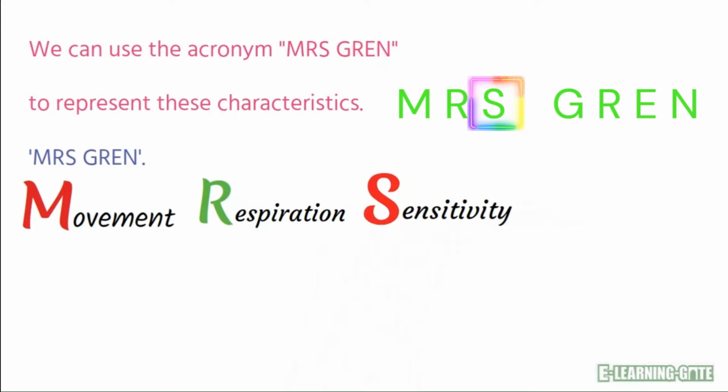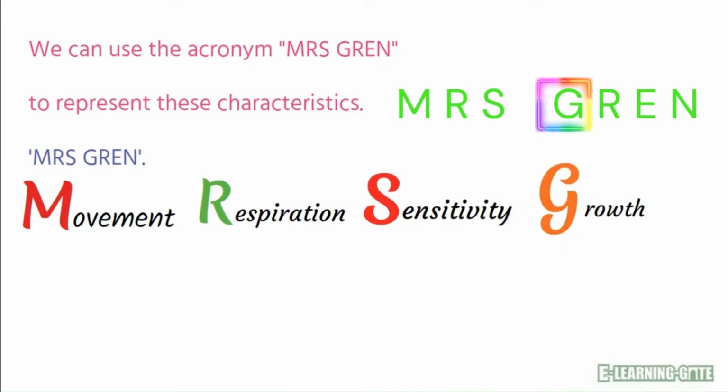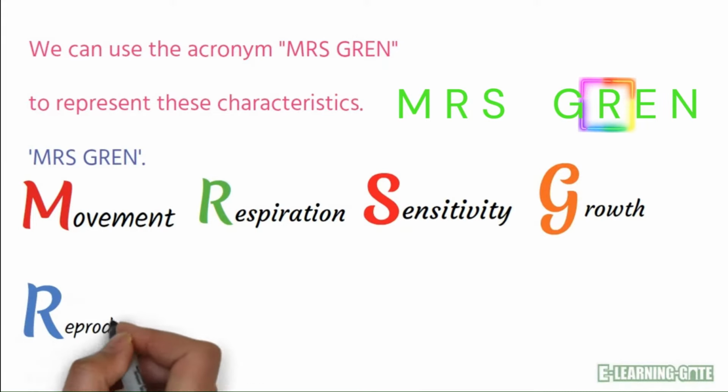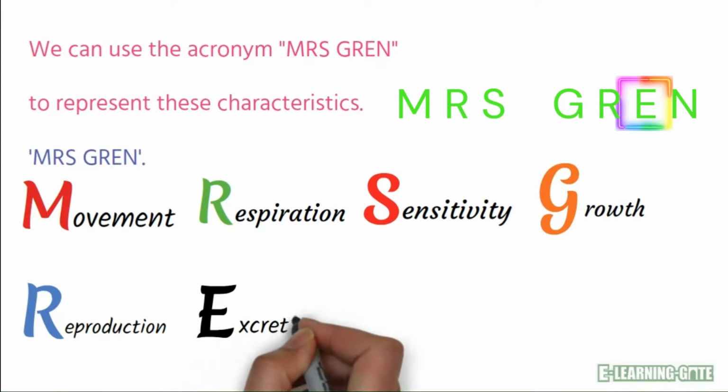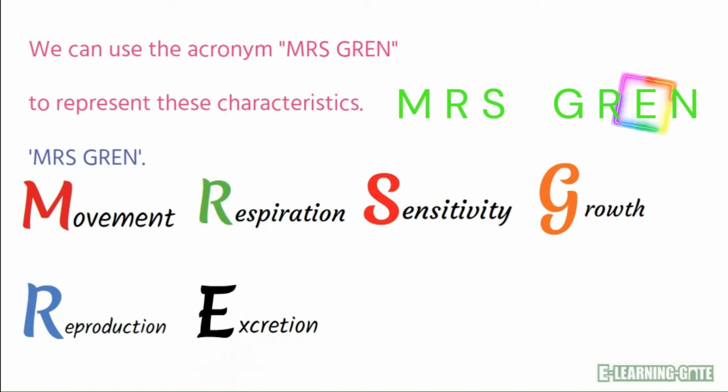S is for sensitivity. G is for growth. R is for reproduction. E is for excretion. And the last and 7th one is N, which is for nutrition.